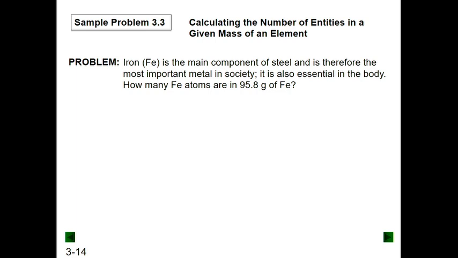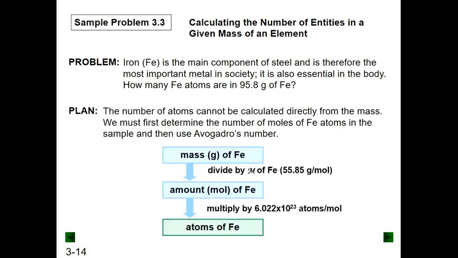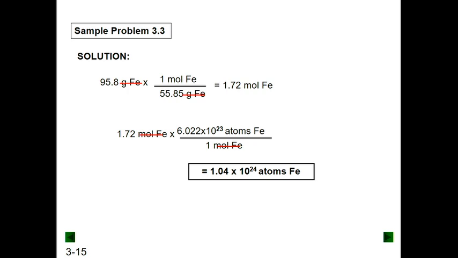And we know that 1 mole of iron atoms contains the Avogadro's number of atoms, 6.022 times 10 to the 23rd iron atoms. And here we obtain atoms of iron. So in this case it is 1.04 times 10 to the 24 atoms of iron.